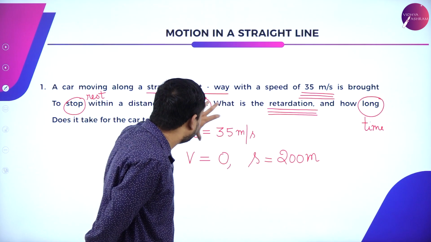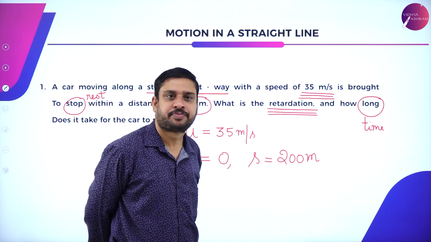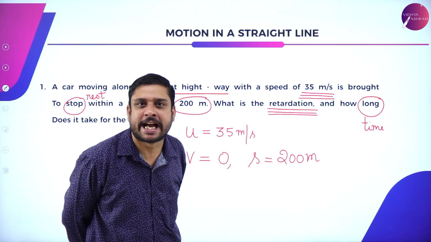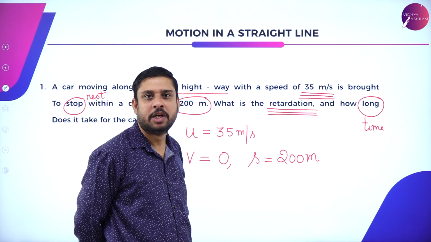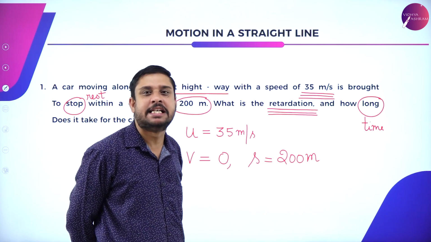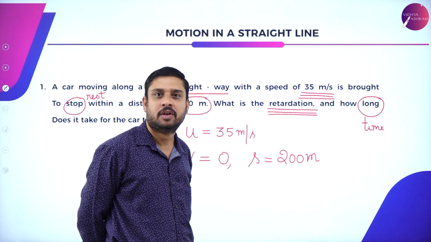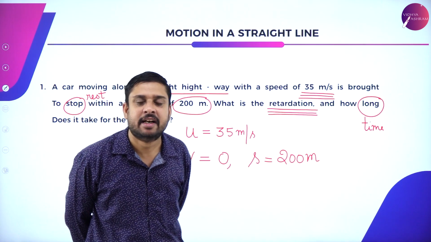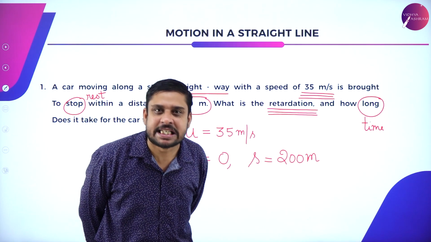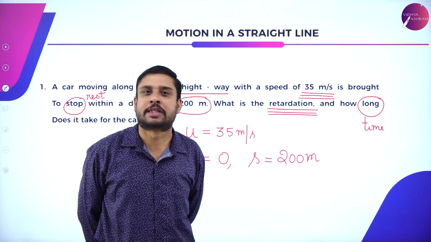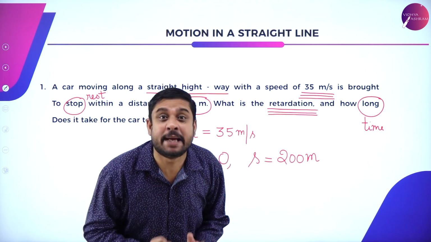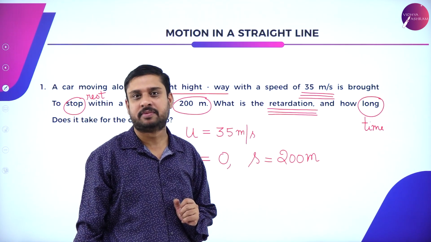So if you observe the data, there is no parameter called time given. No information about time is given. So which equation of motion do I consider here to calculate acceleration, which should be independent of time?